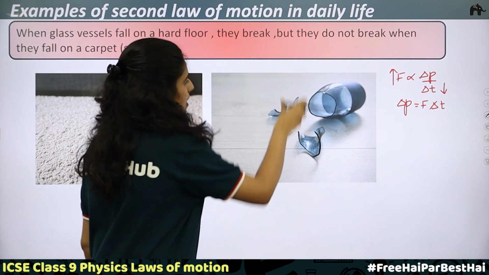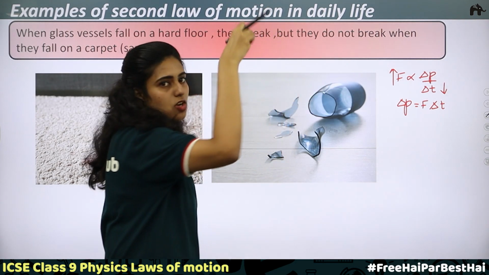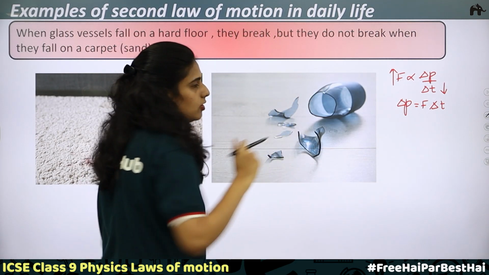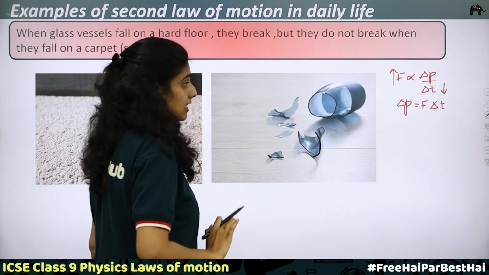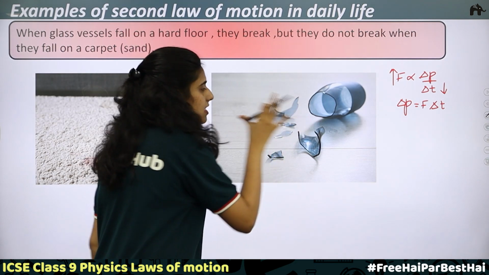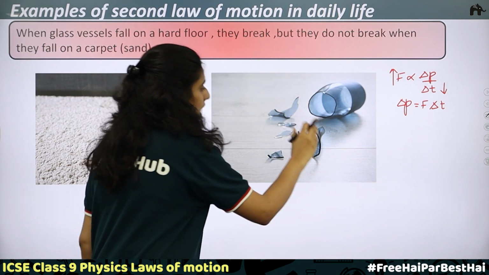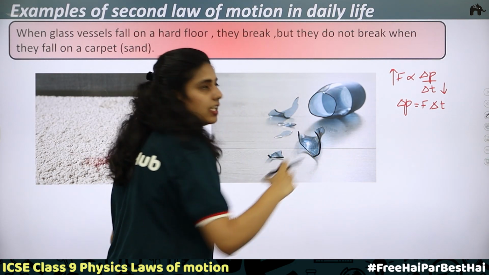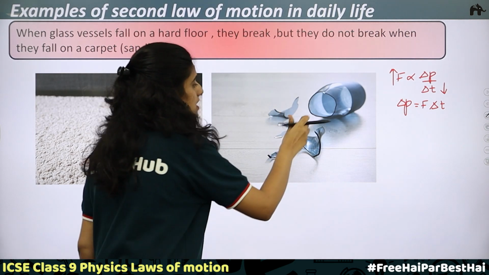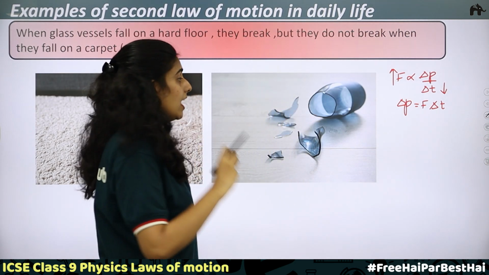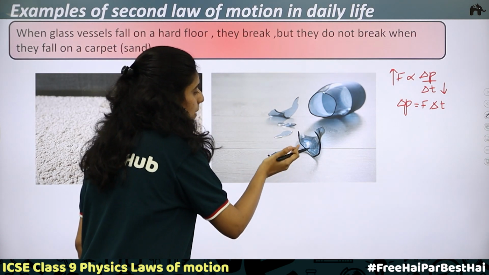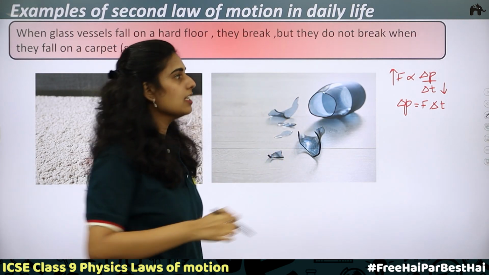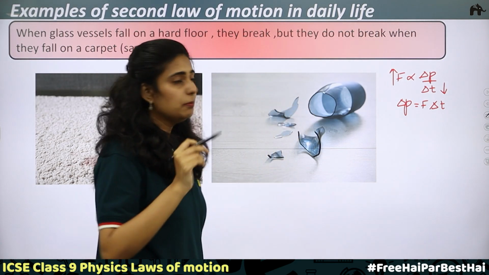When the glass is dropped from a height on a hard floor, it falls and breaks suddenly. The reason is the time interval is very small, so the force will be higher. The floor will be applying a greater force on the glass and it will break.